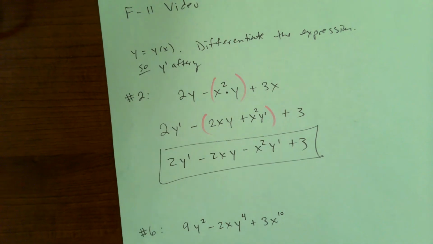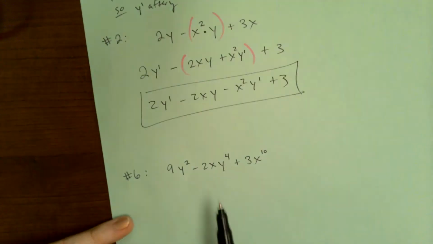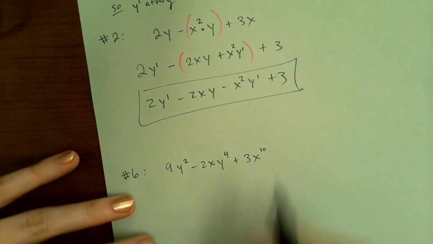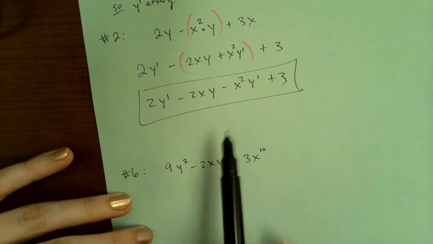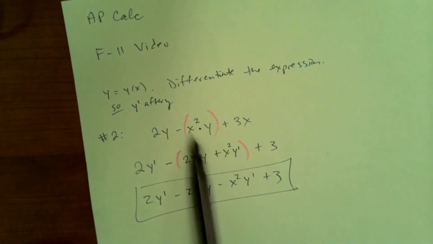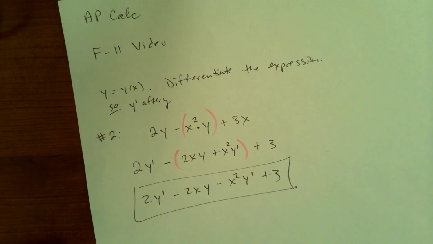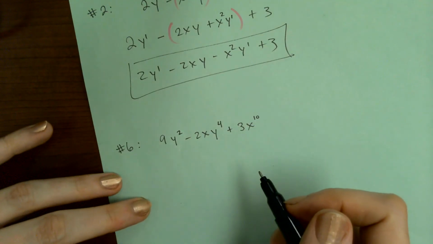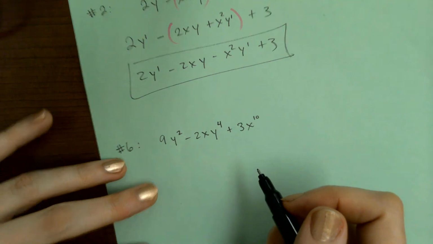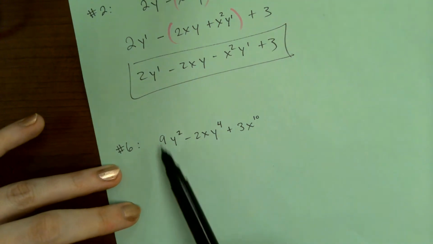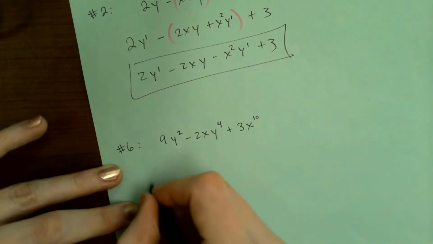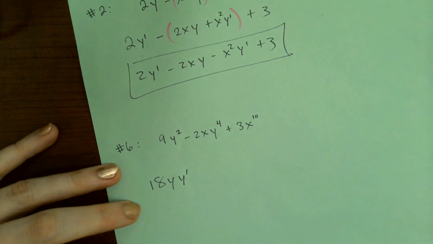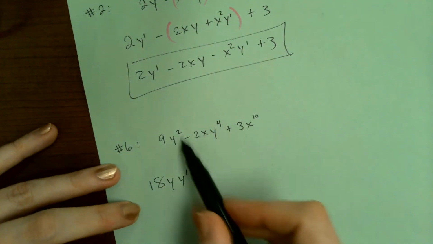Now let me try this a little bit differently and see if you guys can follow. Here's an option if you don't want to group the product and then distribute the negative. So here's another way that you could do it. The derivative of 9y squared, the regular derivative, is 18y, but you've got to follow with a y prime. Then I know I need product rule here.